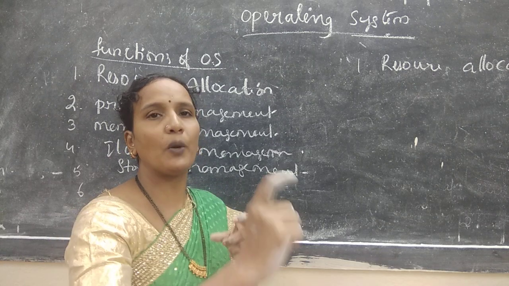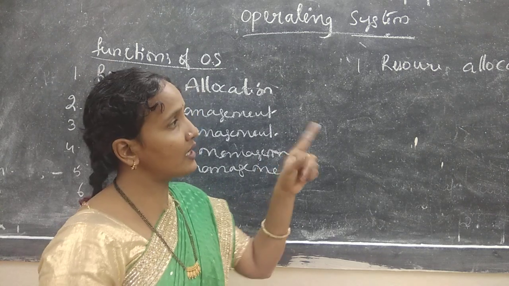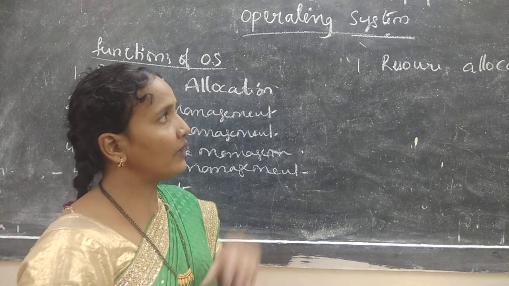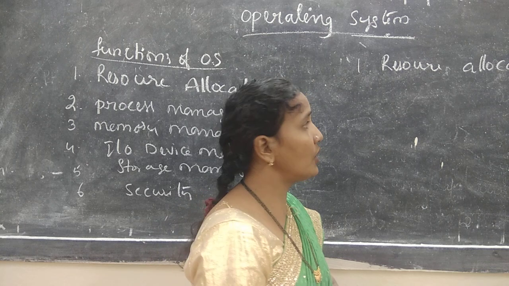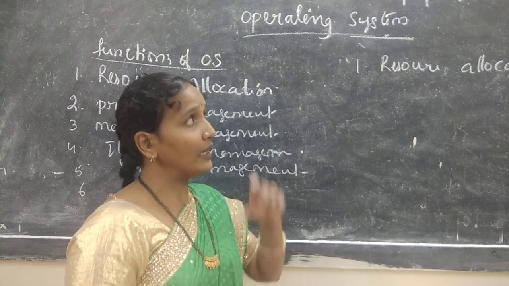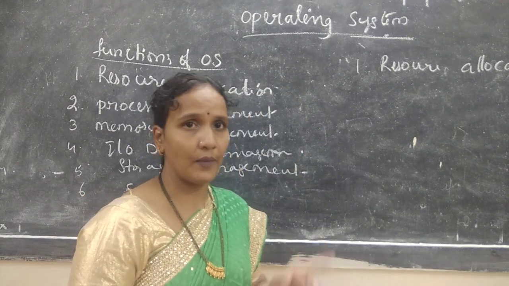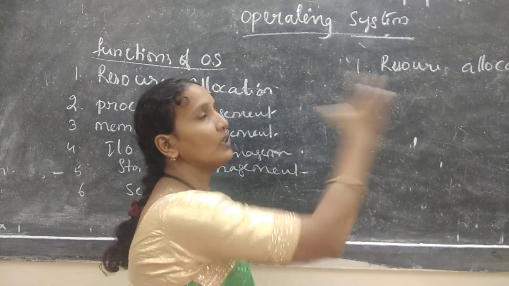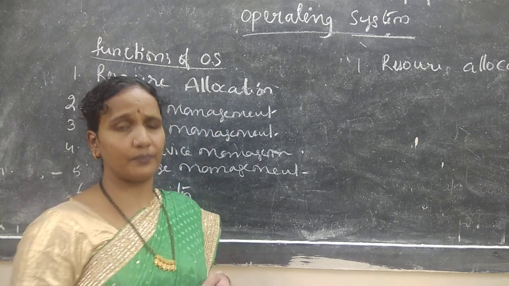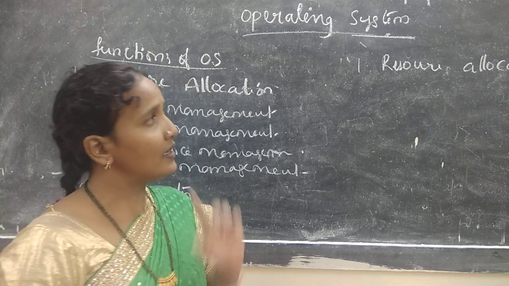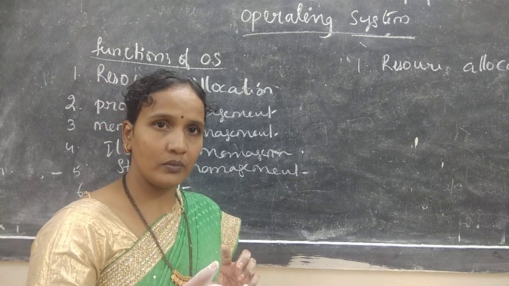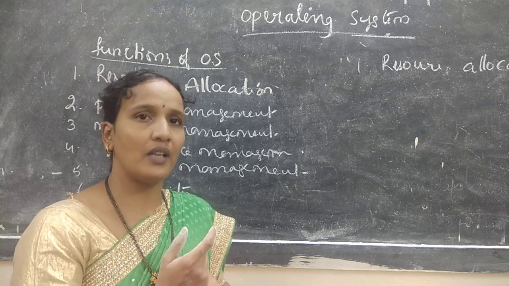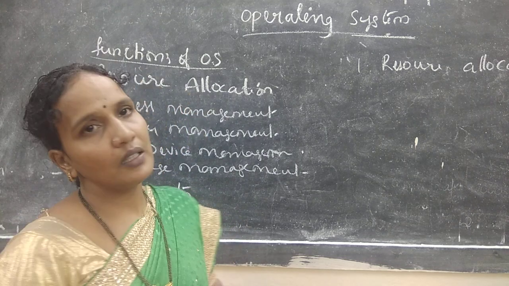It means it should provide proper scheduling, a proper queue for each and every device so that they can use that resource. Whenever any process is requesting for any resource, it is a function of the operating system to allocate that resource. If more than one process is requesting the same resource, it will maintain a queue or give the resource to a process based on the priority, based on the importance. That will come under resource allocation.